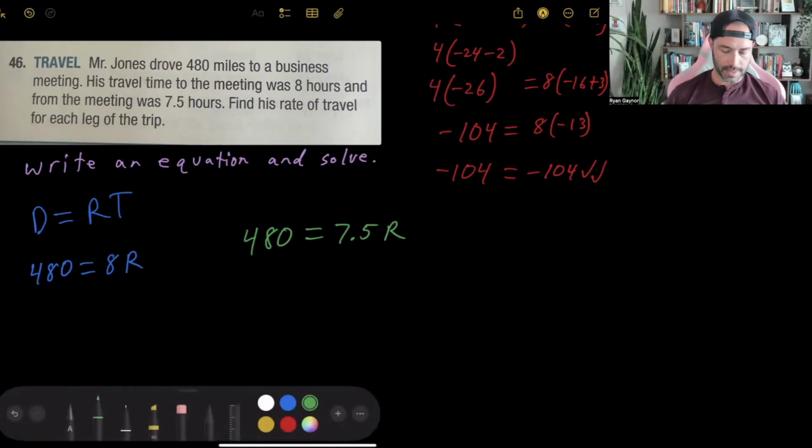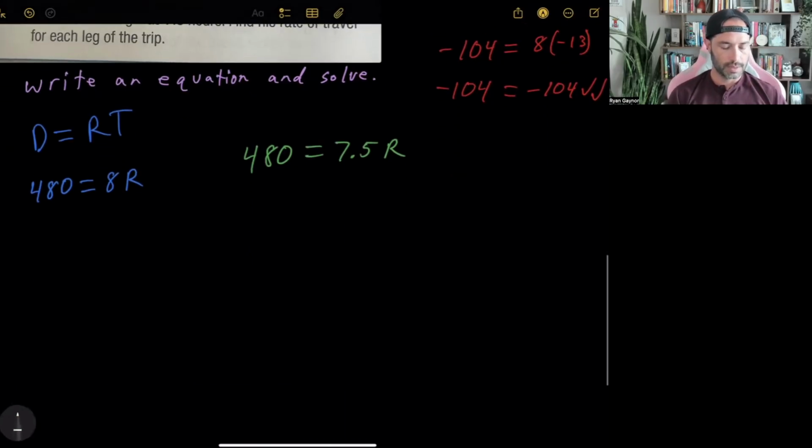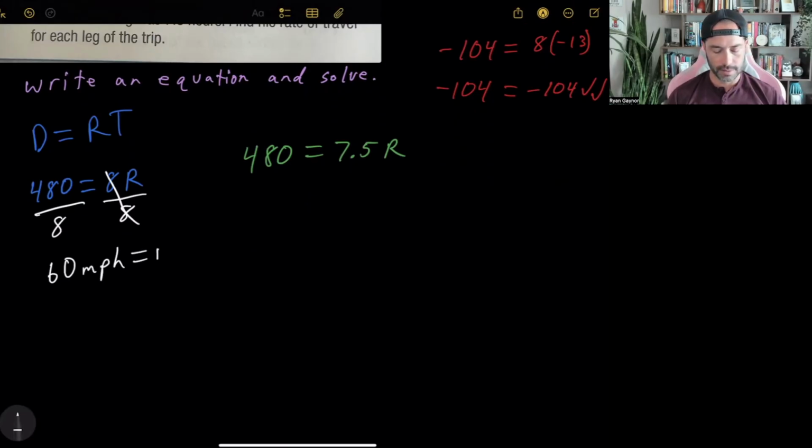Okay, so then all we have to do is solve each one. So we're dividing by 8 on both sides. 480 divided by 8. Well, 48 divided by 8 is 6, and then we just add another 0. So we know that his rate, he was going 60 miles per hour on the way there.